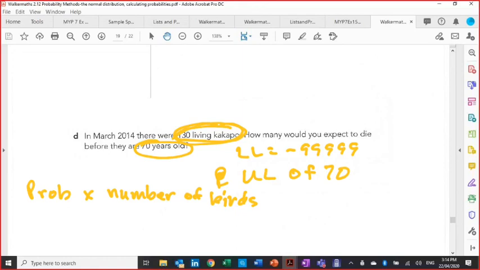Oh, and by the way, up at that earlier one, they wanted it as a percent. So if you gave me this decimal, I'd be unhappy with you. Instead, it's about 1%. And if you round it and don't say about, I will be unhappy with you there too.